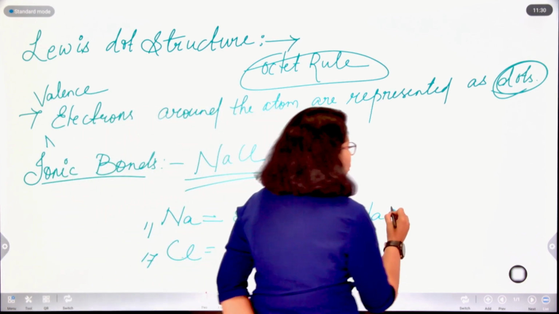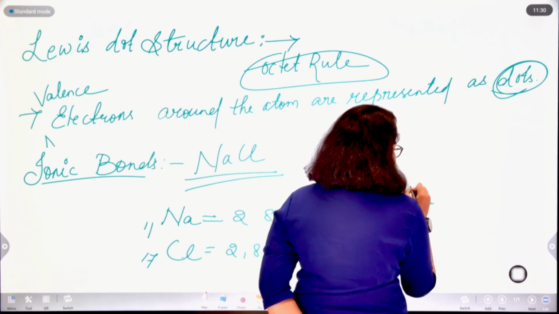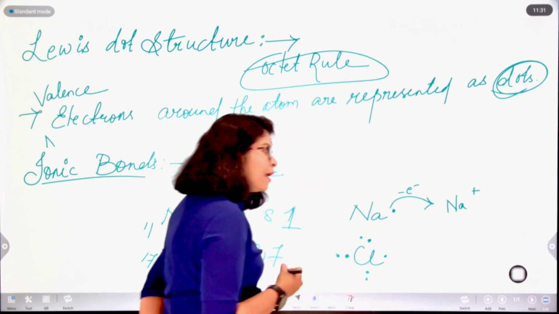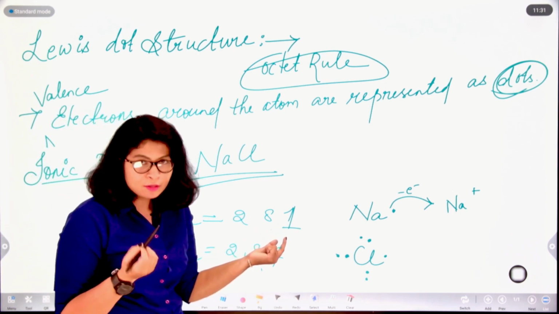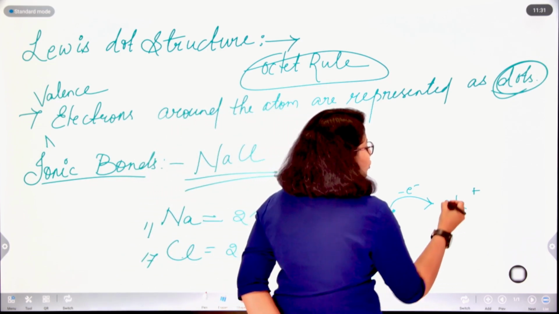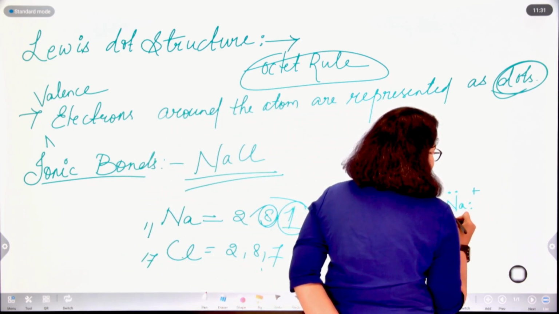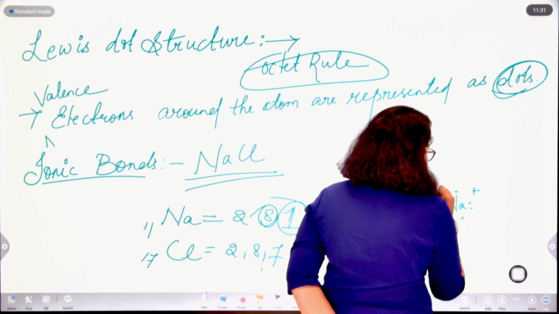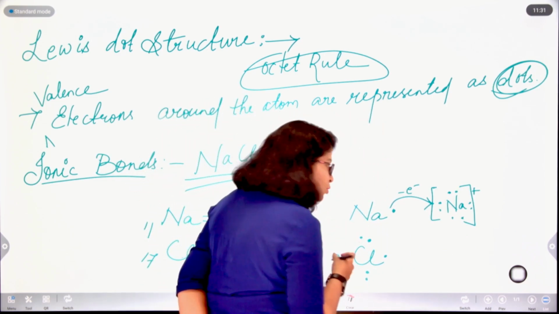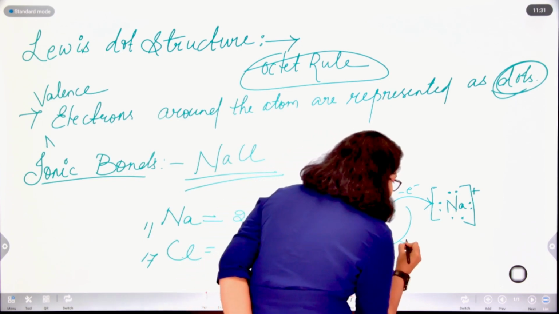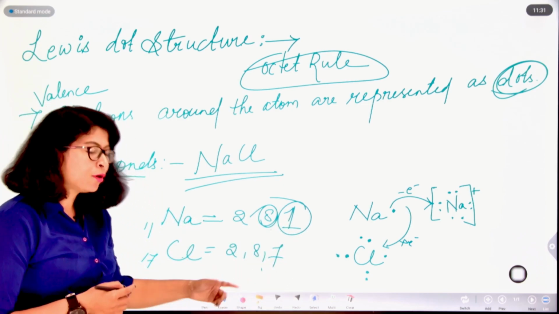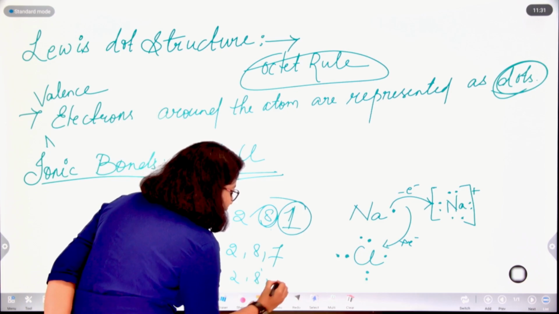Now sodium loses this 1 electron to form Na+, and in Na+ the 8 becomes its valence shell. After it loses this 1 electron, the 8 comes out to be its valence shell, so 4 pairs of electrons around sodium. This is our Na+. When the electron is lost by sodium, that electron is gained by chlorine, and when chlorine gains that 1 electron, it becomes 2, 8, 8.